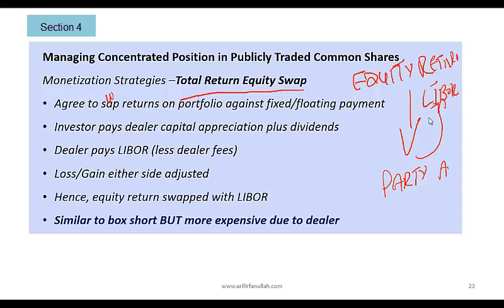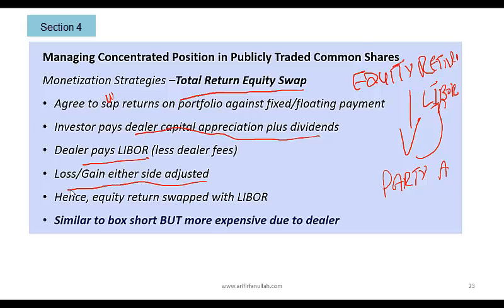So if my portfolio outperforms, great, I don't get it. I will only get LIBOR. Capital appreciation, dividends, everything goes to the counterparty, because we are talking about a total return equity swap: capital appreciation plus dividends. And the dealer pays LIBOR.